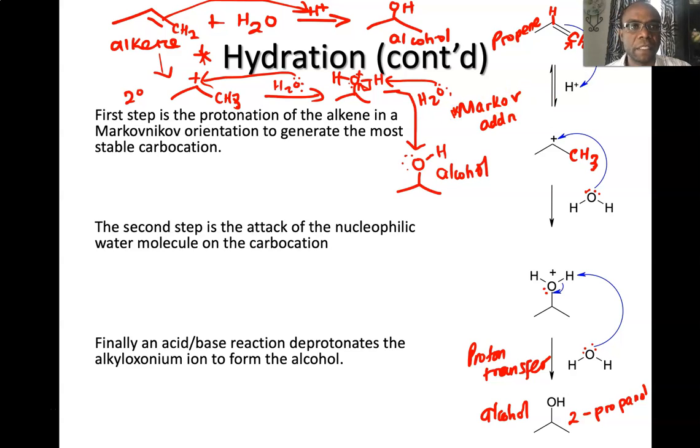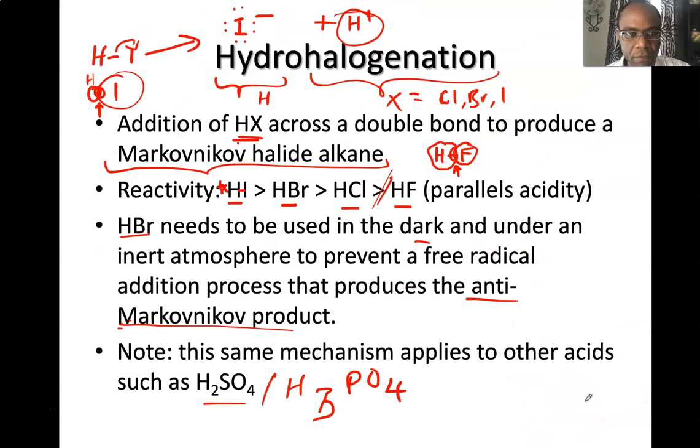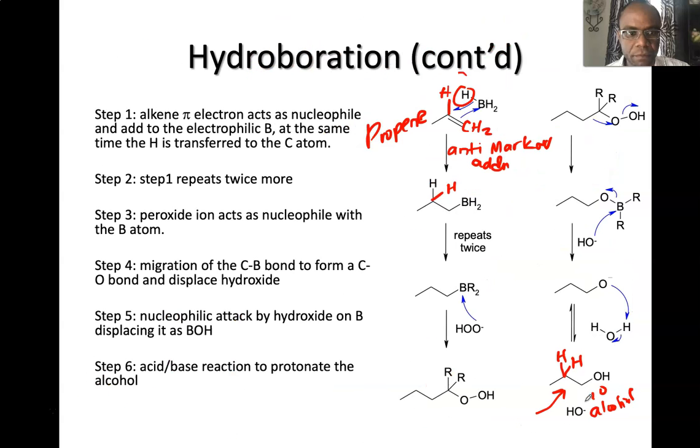The hydrogen of the acid went where there's more to get CH3 from CH2, and then you attack the secondary carbon, you get a secondary alcohol. But for hydroboration, you did the first step, anti-Markovnikov addition, so you get a primary alcohol. So it's anti-Markovnikov hydration of alkenes whenever you're doing hydroboration.